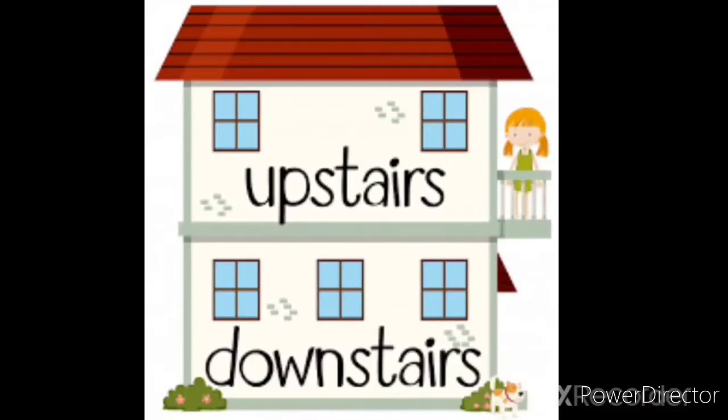Students, before we read the poem, you should know the meaning of two words. Then only you will understand the poem. The words are downstairs, upstairs. Students, the poet lives downstairs, neighbors live upstairs.